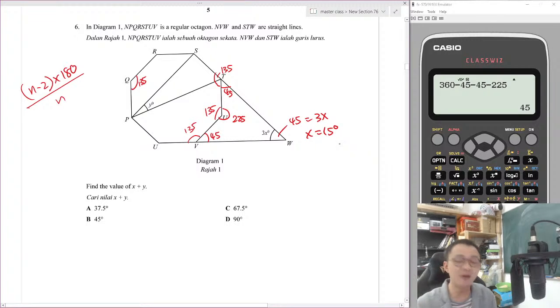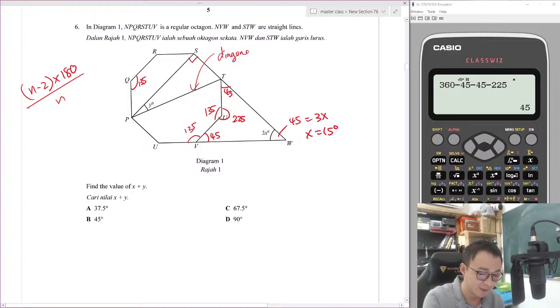Okay. Then now I want to find y as well. So what I will do right now is, okay, I know this is 90 degrees. Then you need to understand about this line. This line is a diagonal. So basically it cuts the octagon into half. Do you see that? This line itself separates the angle into half here.